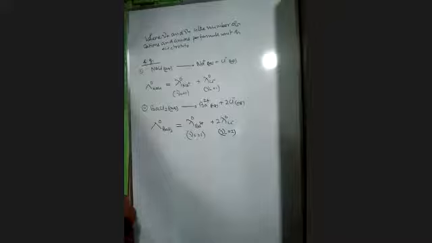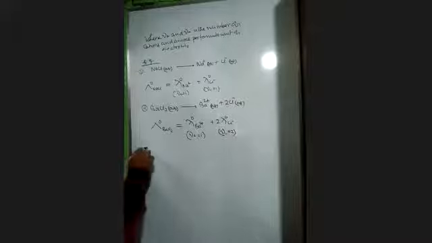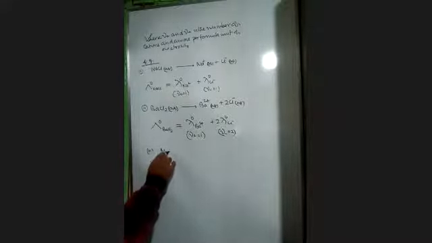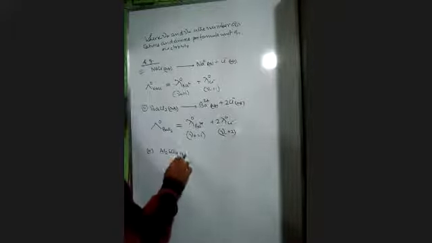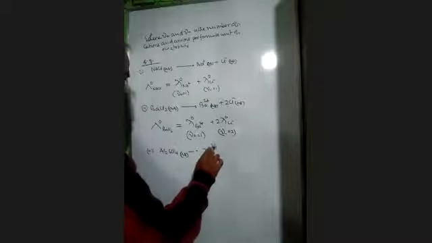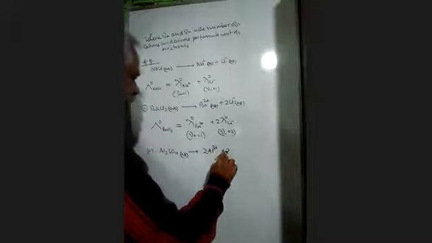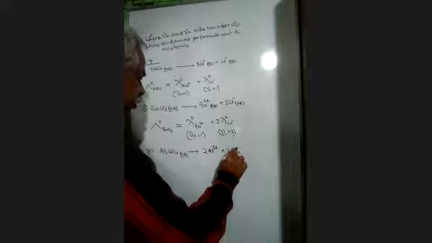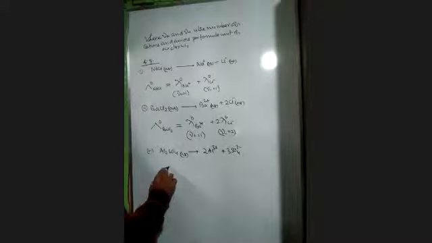Okay. Now suppose I have taken here aluminum sulfate, Al2 SO4 3. Okay. So right now here aqueous. So it will give you 2 Al3 plus and 3 SO4 2 minus. So Al2 SO4 3. Please write now.